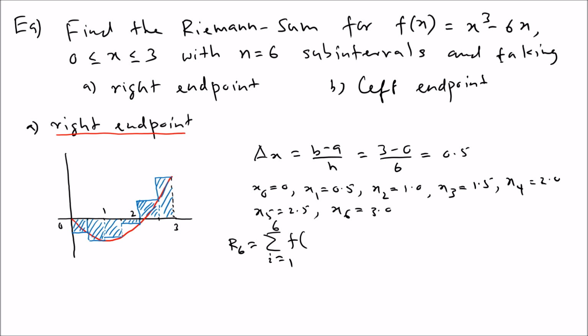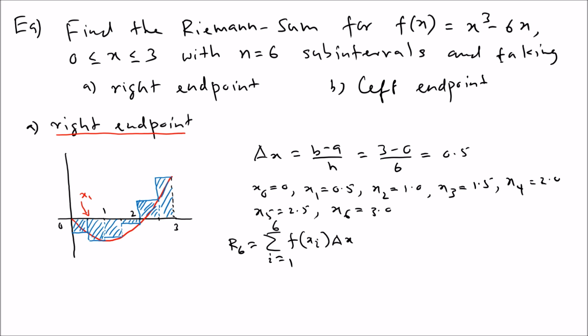The first one we evaluate is at x1, and then we evaluate at x2, x3, x4, x5, x6. So you can write this as f of xi, with i going from 1, because we start with x1, times delta x.